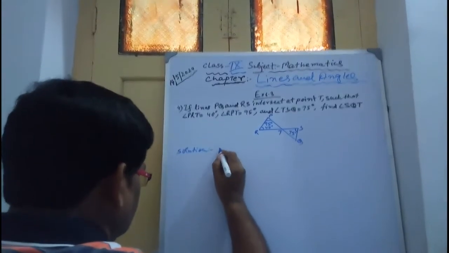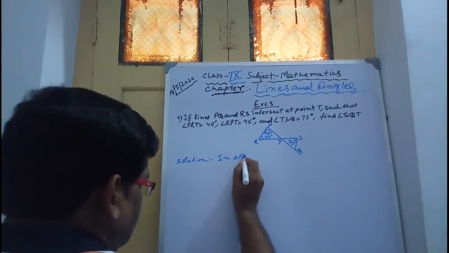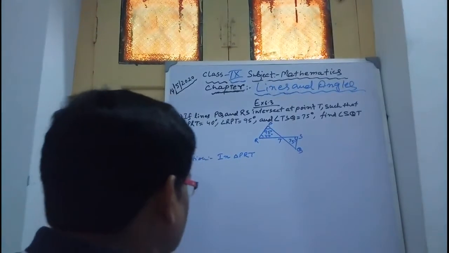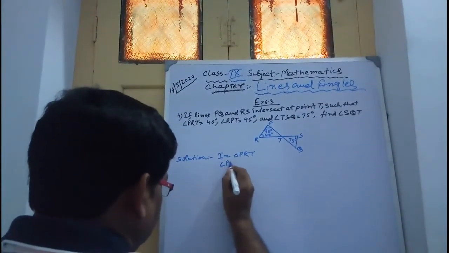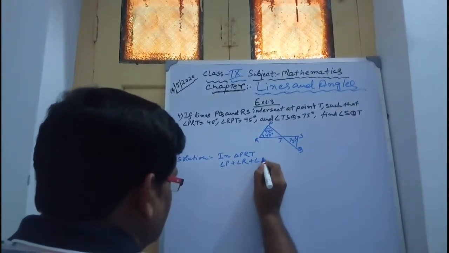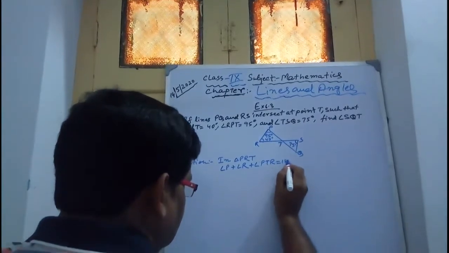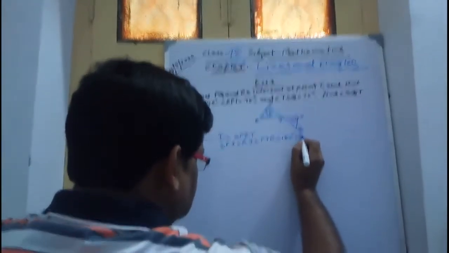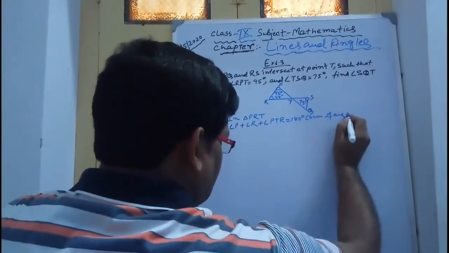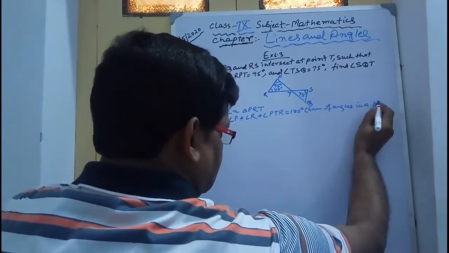In triangle PRT, the sum of angles is 180 degrees. So angle P plus angle R plus angle PTR equals 180 degrees.